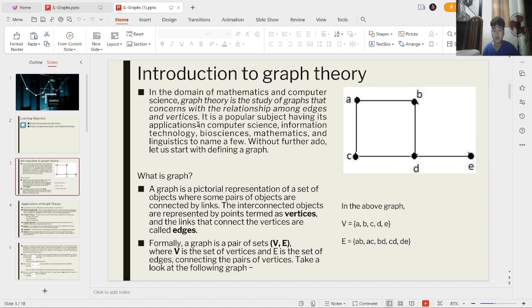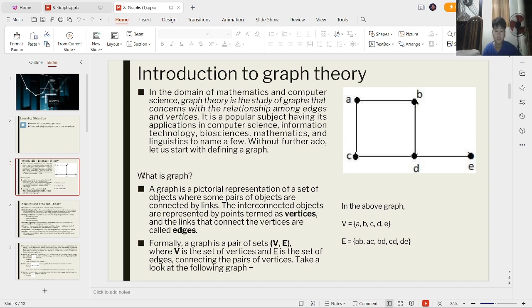It is a popular subject having its application in computer science and information technology, biosciences, mathematics, and linguistics, to name a few. Without further ado, let's start defining a graph. So this is our example of a graph.